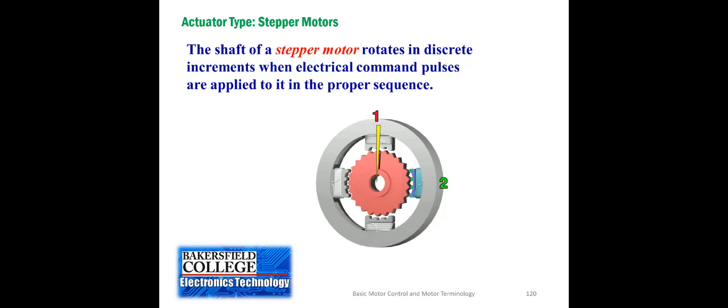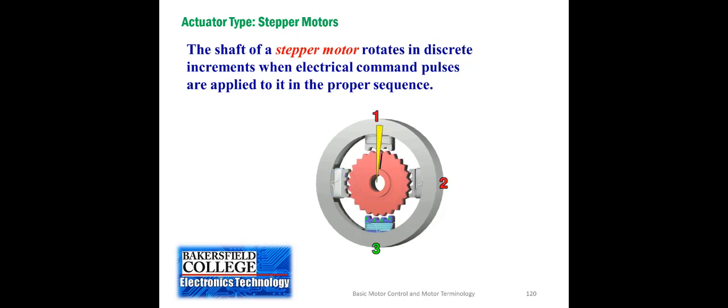Now let's get into a couple of the motor types that could be considered actuators. One is called a stepper motor. And a stepper motor, when the coils are energized, doesn't continuously rotate. It will move the middle, the rotating part, one position, just a tiny little bit, and that movement is called a step.